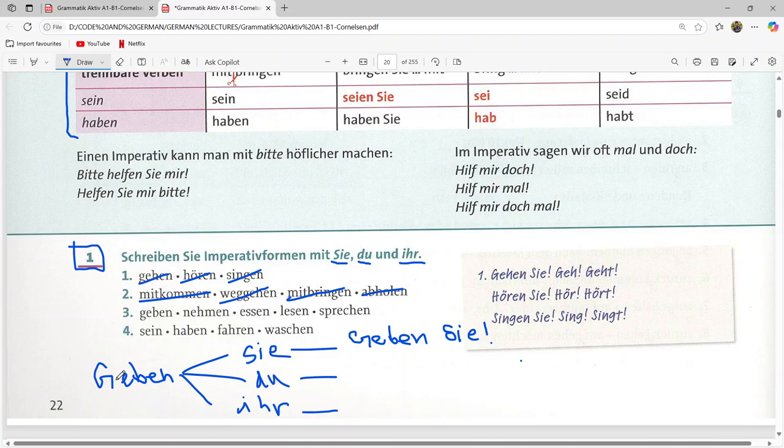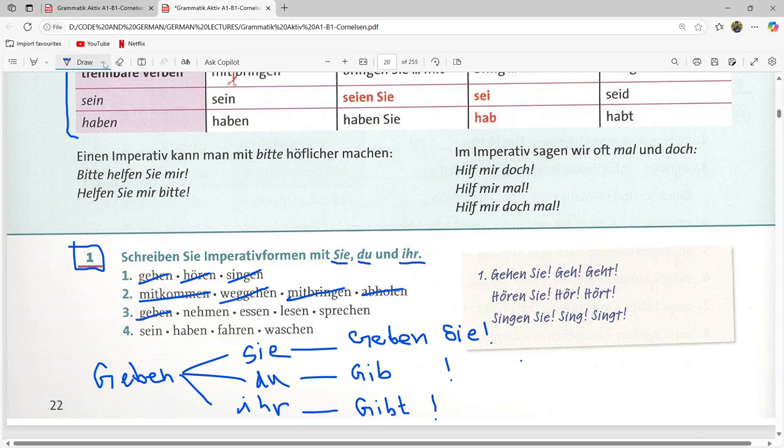And in the du form, geben the verb is gibst, right? Gibst, and st will not be used and du will not be used, so it will be just gib. And in the er form it is gibt and no er will be used, just gibt. One more mistake I did, can you recall? I used in the du form this Sie, this will never be used, it will be just gib and it will be just gibt. Okay, so done.